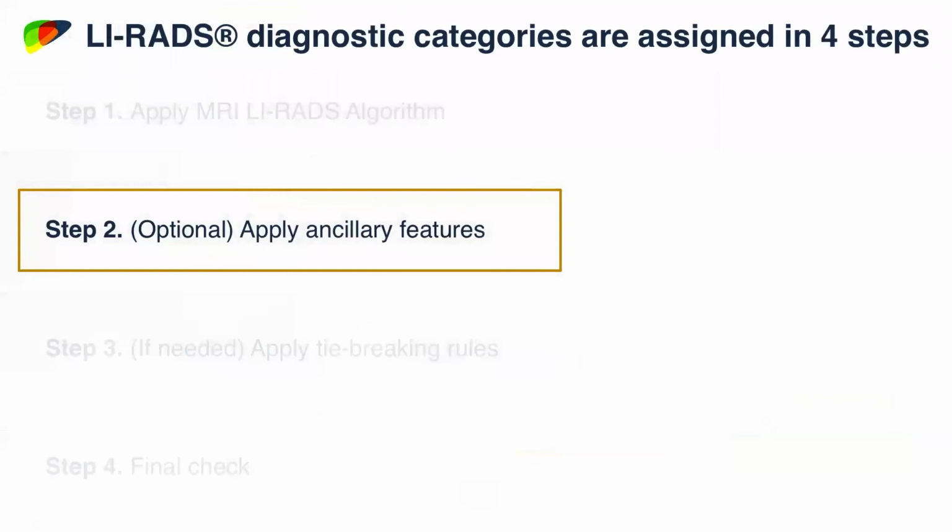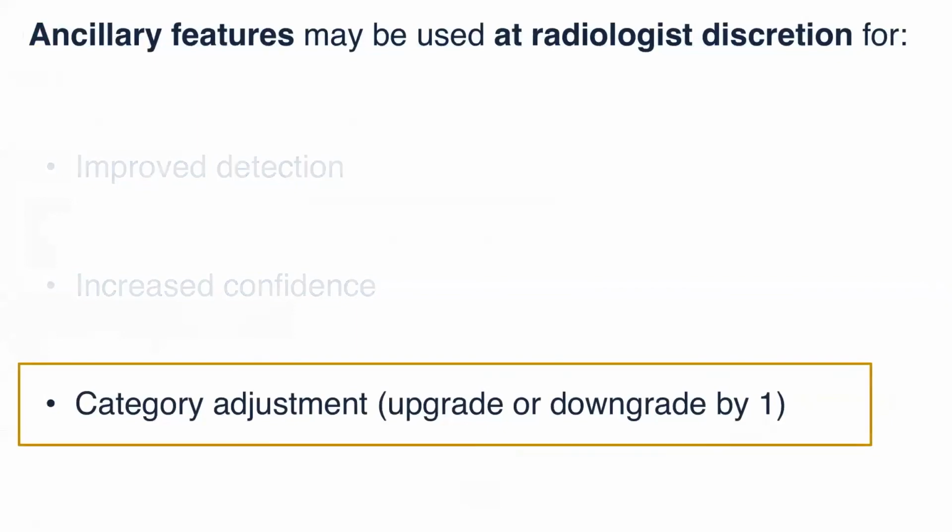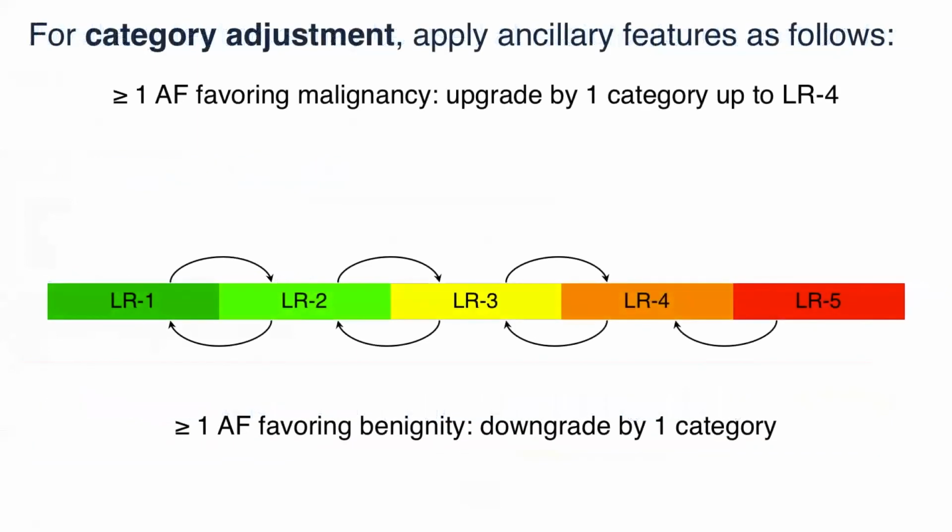Okay, so if after doing all that, you now have at your option the ability to apply ancillary features. Ancillary features can be applied to improve detection, to increase your confidence, or to adjust the category. So let's talk about adjusting the category. You can apply ancillary features to increase the category by 1.